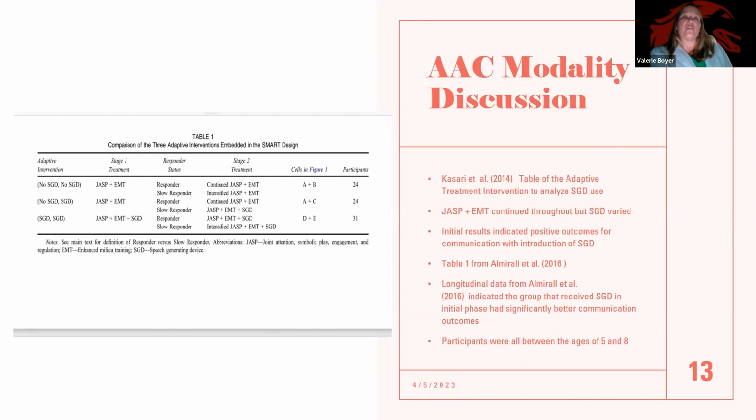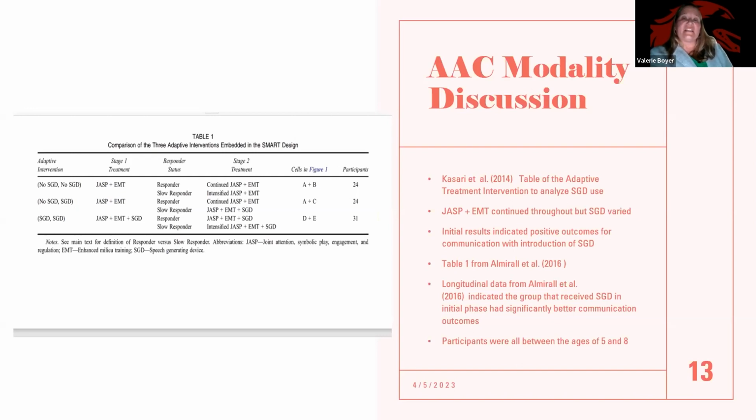And what they found in the initial study was that there was benefit once the speech generating device was added. For the group that had it from the beginning, they saw improvements particularly in communication when that speech generating device was part of that early intervention. And for the group where the speech generating device was added, they saw benefit in communication as well.